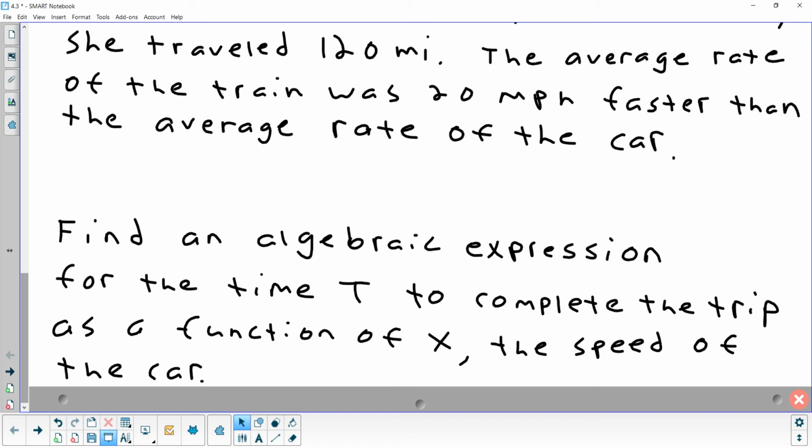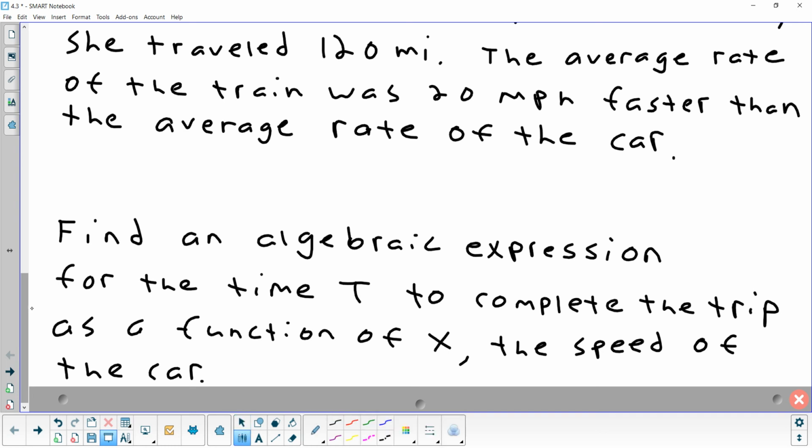So let's just kind of see if we can figure out what the equation is going to look like, abstractly, and then we'll start plugging in numbers and letters into it. So how many modes of transportation is Sue taking in this problem? Yep, Caleb? 2. Yeah, she's taking 2. What are the 2? The train and the car.